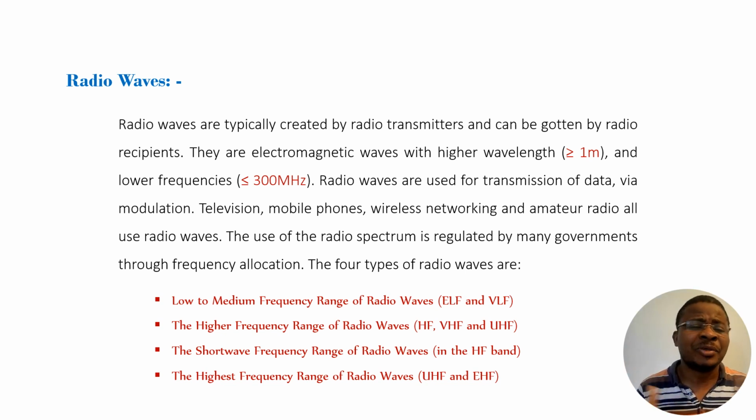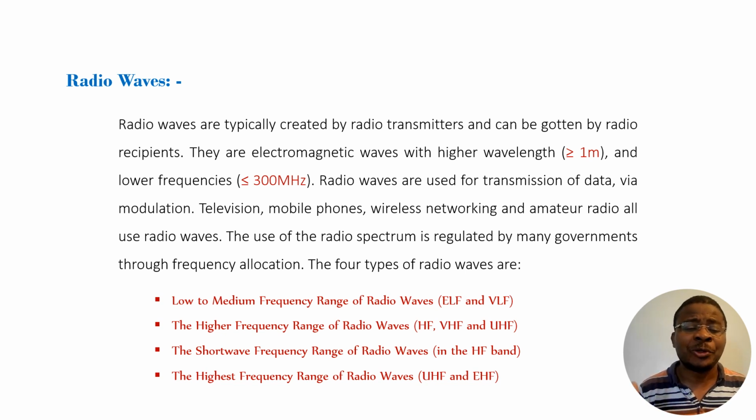Now, the whole discussion around radio waves gives us four important types of radio waves. The low to medium frequency range of the radio wave is made up of the extremely low frequency and very low frequency radio waves. Then we have the higher frequency radio waves, which are made up of the high frequency, the very high frequency, and the ultra high frequency radio waves.